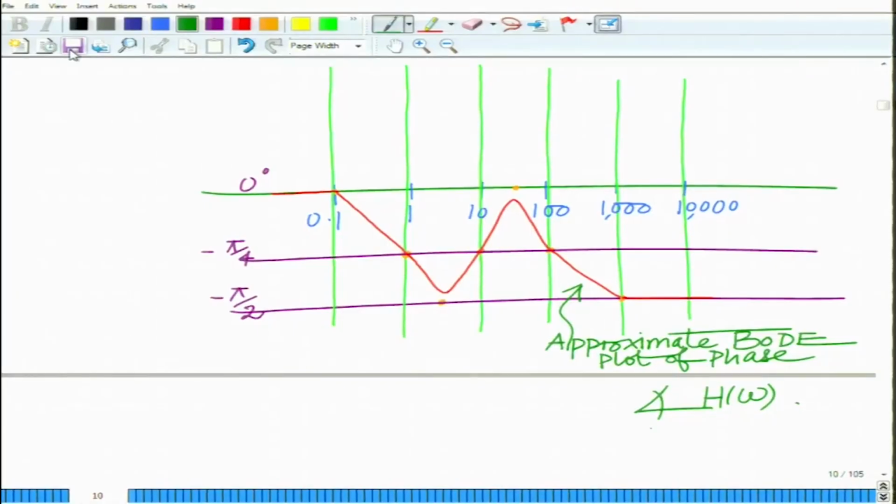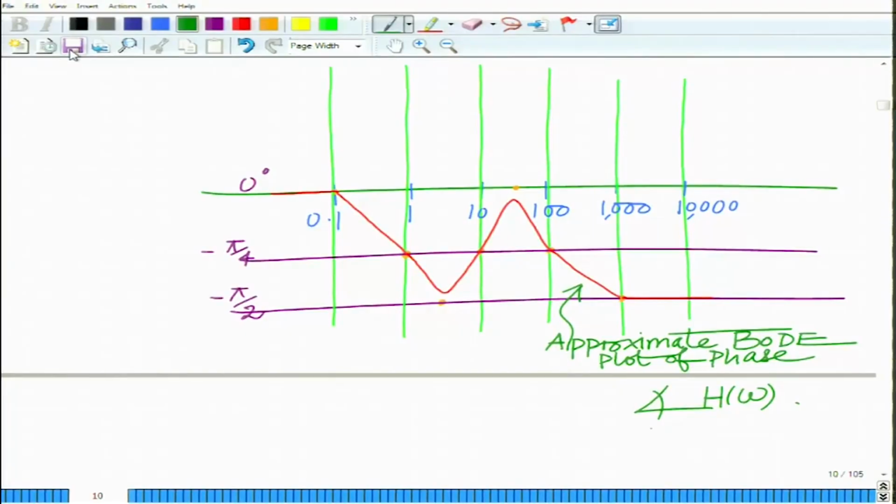When it is much larger than 100, the numerator becomes 1 over 10 into j omega over 10, divided by j omega into j omega over 100. So, basically it will be 1 over j, which corresponds to a phase of minus pi by 2. Starts from 0, ends up at minus pi by 2, and in between it has this kind of a phase characteristic. Okay. So, that basically completes our discussion on the Bode plot.